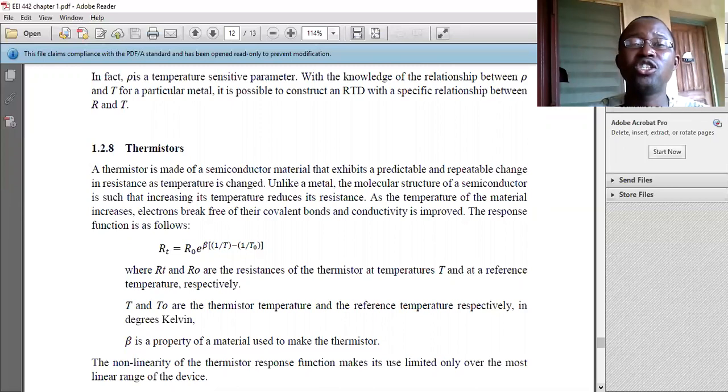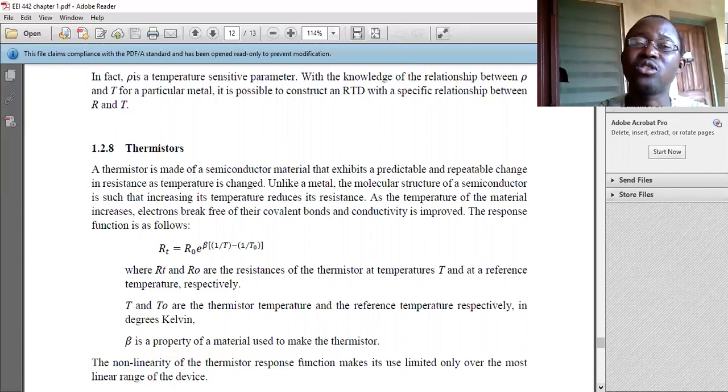So with our knowledge of the relationship between rho and temperature of a particular metal, it is possible for engineers to construct an RTD with a particular relationship between R and T. So that is what RTD uses, the principle of increasing resistivity of a metal when temperature increases.